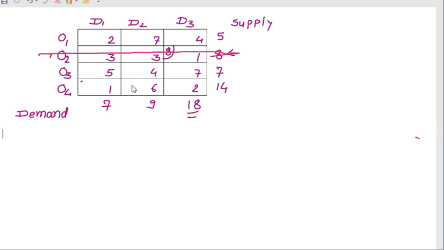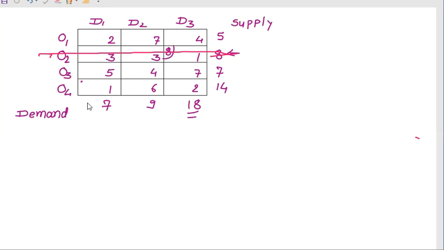Again, look at the remaining, or reduced, cost matrix. Now there is no second row; the first row, third row, and fourth row are there. Select the cell with the lowest cost. We find that the cell in the fourth row, first column contains the lowest cost. In this cell, we allocate the maximum possible quantity.